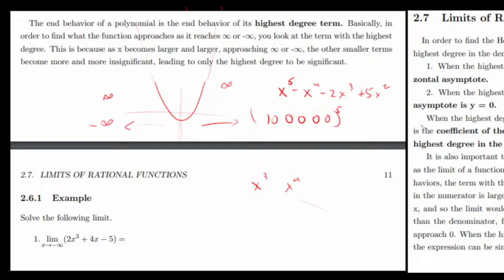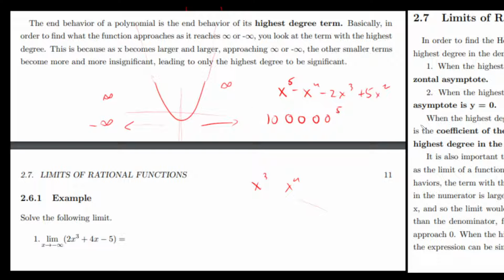So as we start approaching infinity, or negative infinity, the fifth power outdwarfs everything else. Whatever's not the highest degree will always become insignificant at these larger values. So for the end behavior, we will look at our highest degree term because all the other terms become insignificant.